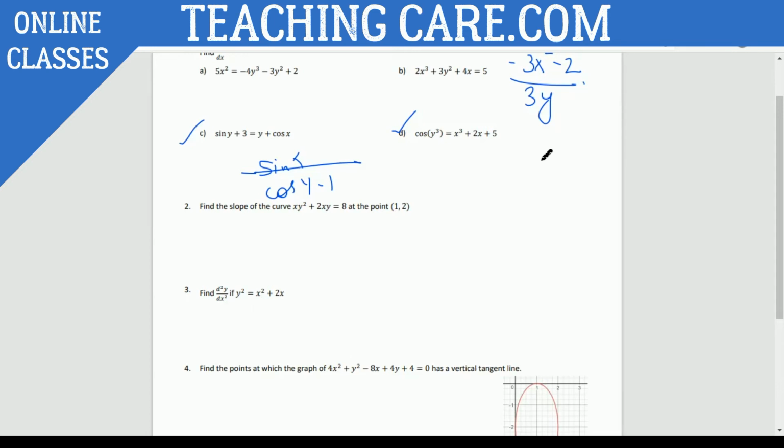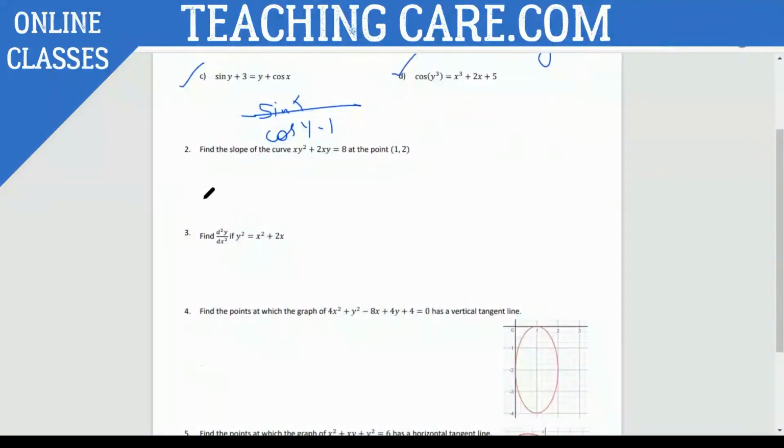So it's 3x squared plus 2 divided by negative sine of y cubed times 3y squared. Yes, right. Now you need to find the slope of the curve at the point 1, comma 2.